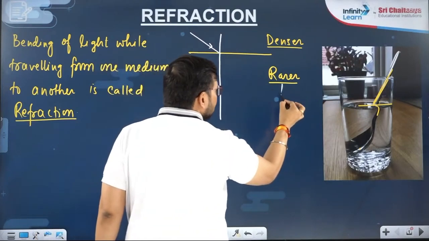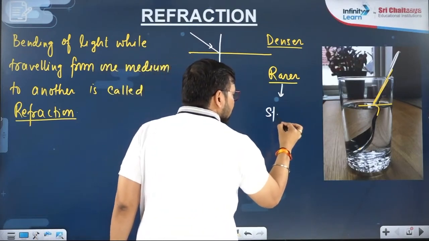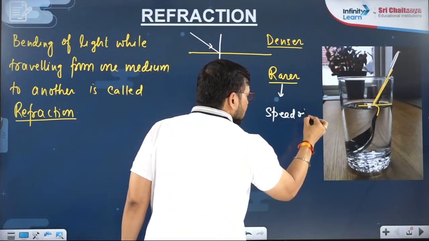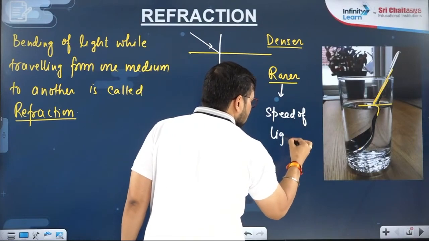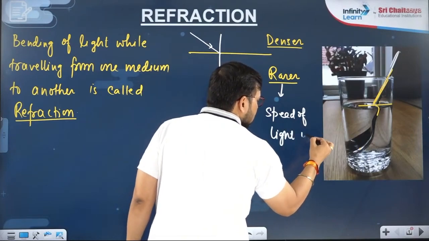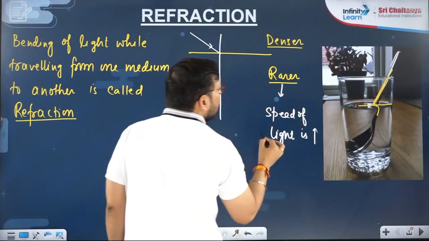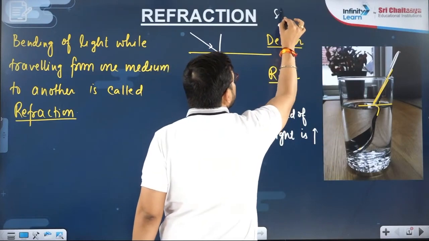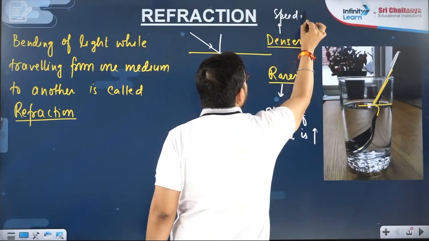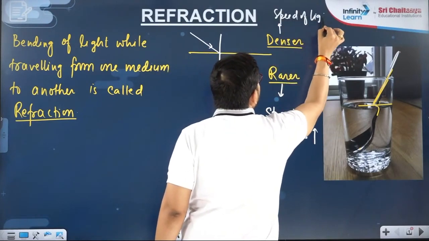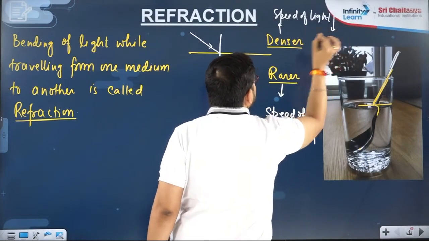Obviously in rare medium the speed of light is high, and in denser medium the speed of light is less, it decreases.